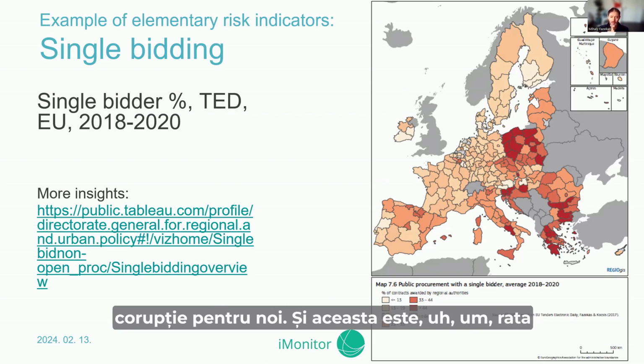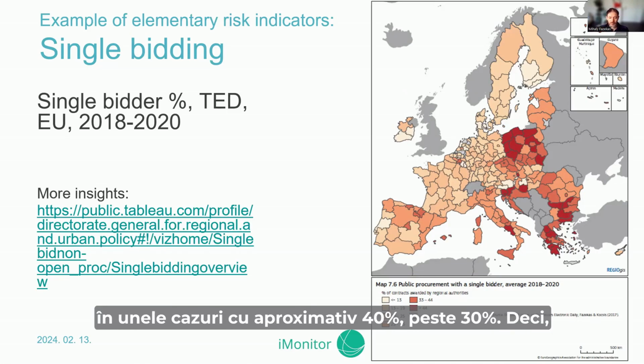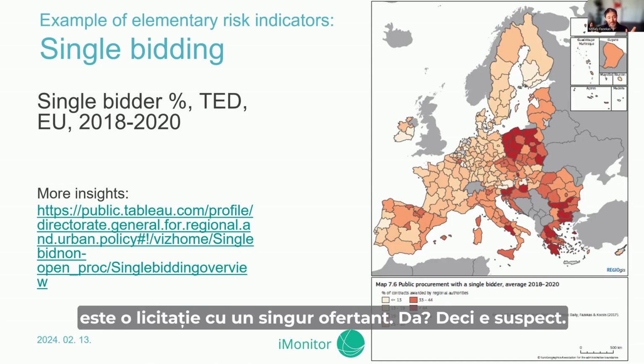And this is the single bidding rate for European regions using Tenders Electronic Daily data, so that's comparable across Europe. And you can see the darker colors in Eastern Europe and parts of Italy and Spain, where single bidding is relatively high, in some cases about 40%, above 30%. So basically, every second, every third tender on a competitive market is single bidding, right?